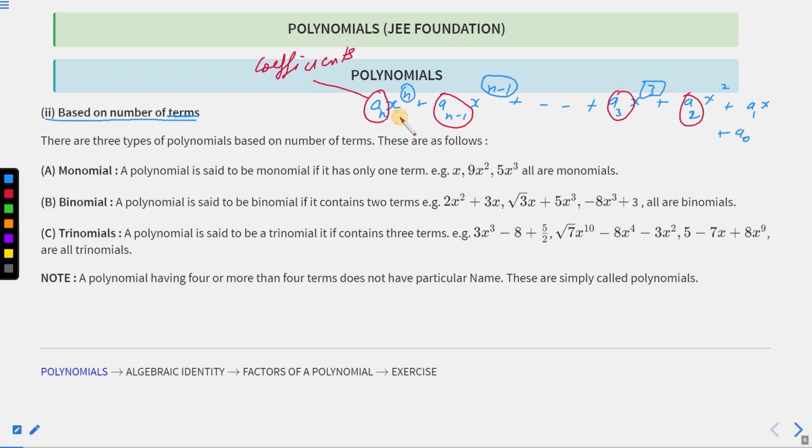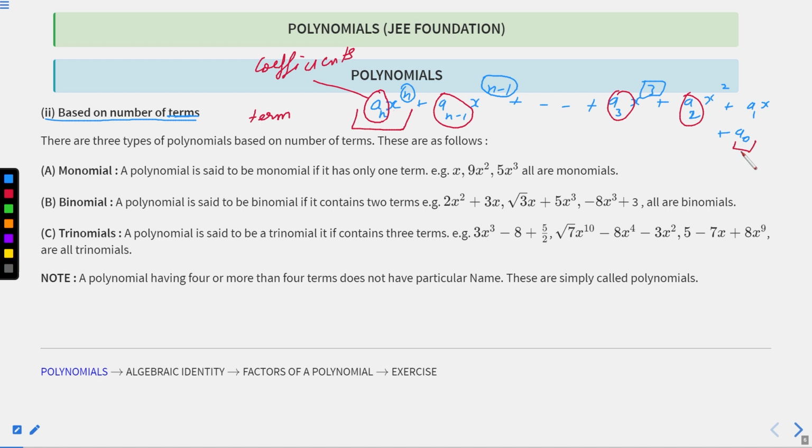Now this whole thing, the coefficient and the x power n, I will say is my term, or the (n+1)th term in the polynomial.